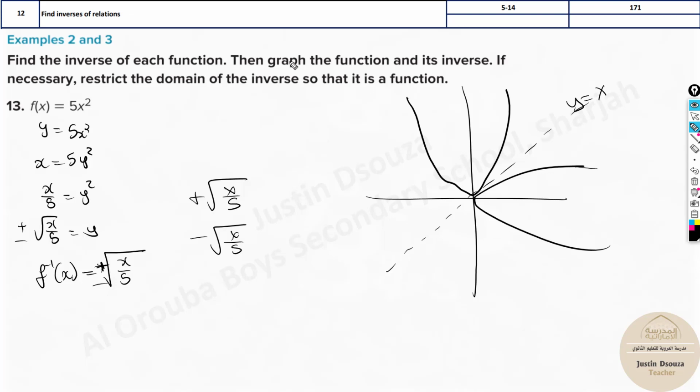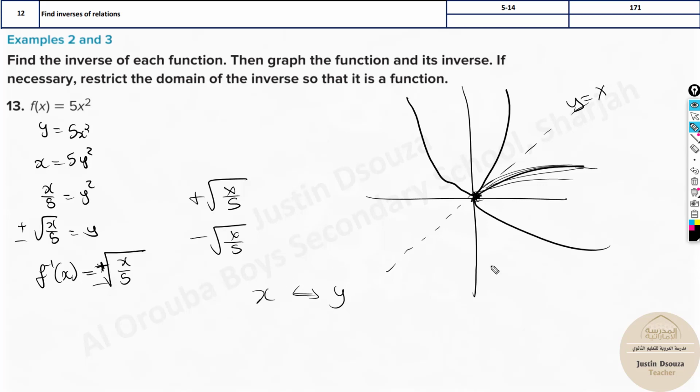Now we need to do something called restricting the domain. For linear functions that is no problem at all. But look here, this is a square root function. Now, what is restricting the domain basically? You know, x and y swap for an inverse function. There is a relationship in that.